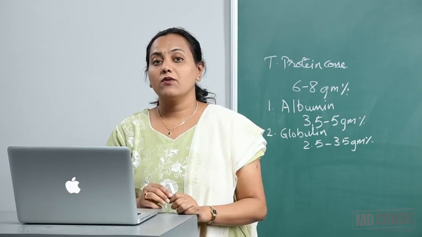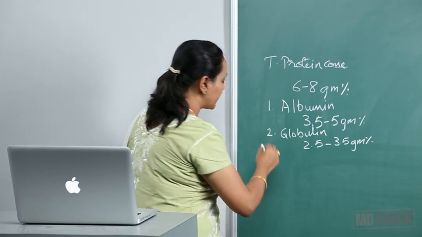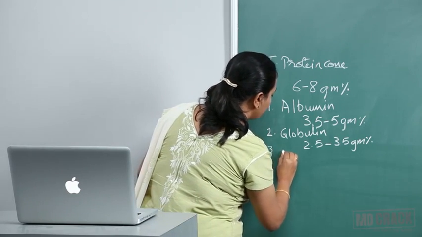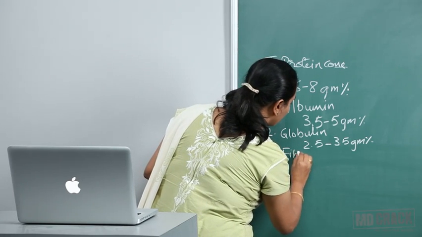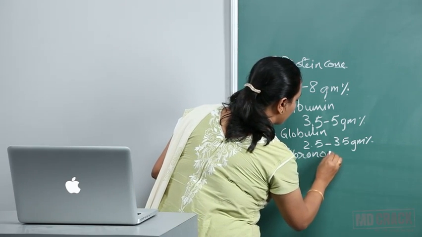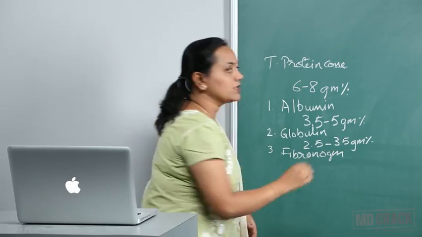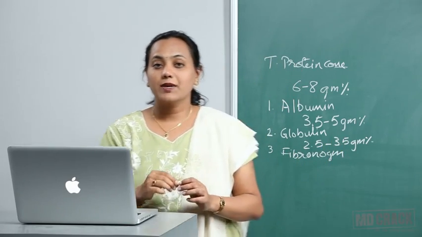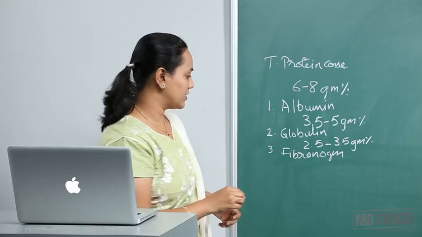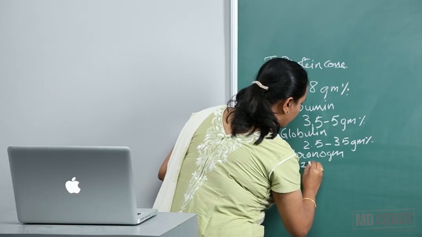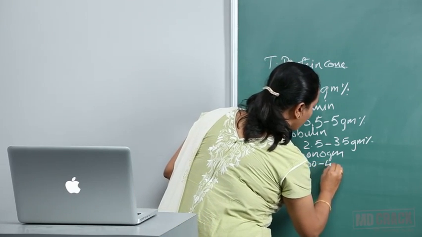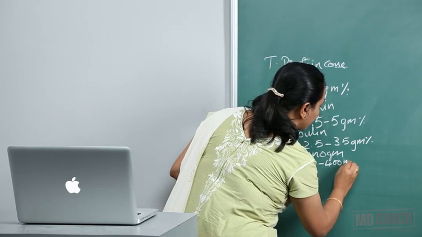Now, fibrinogen is another thing that will be present in plasma, and fibrinogen has much lower concentration. Fibrinogen is the only protein that is present in milligram percentage. So, we say that fibrinogen is between 200 to 400 milligram percent.